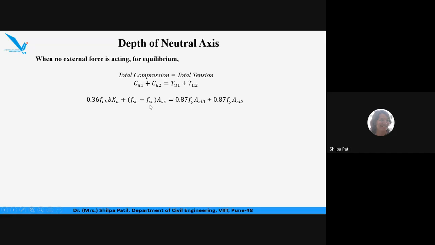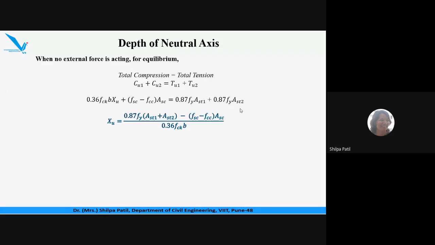Now this FCC is the stress in the concrete in the compression zone. FCC stands for stress in concrete in the compression zone. So that stress is actually the stress related to those two hollow holes. So we have to subtract that, and hence the expression is FSC minus FCC into the area of steel in compression. That will be equal to Tu1 plus Tu2, that is 0.87 Fy Ast1 plus 0.87 Fy Ast2.